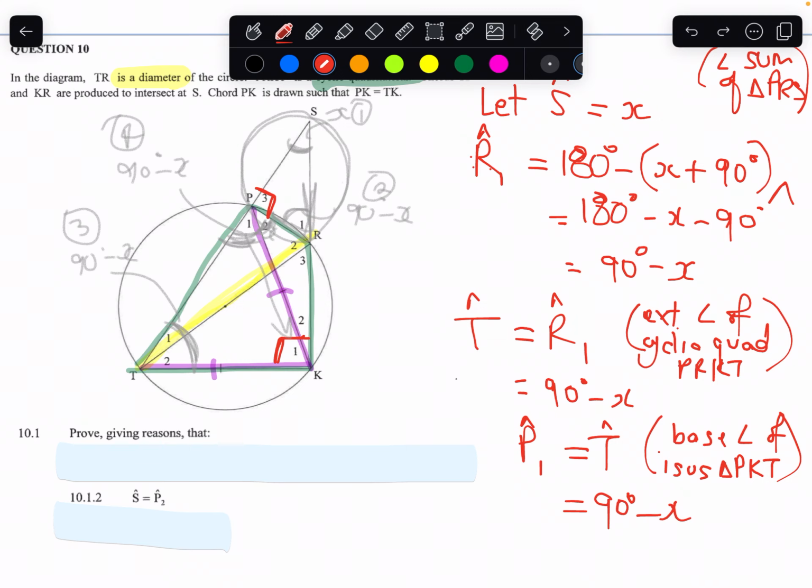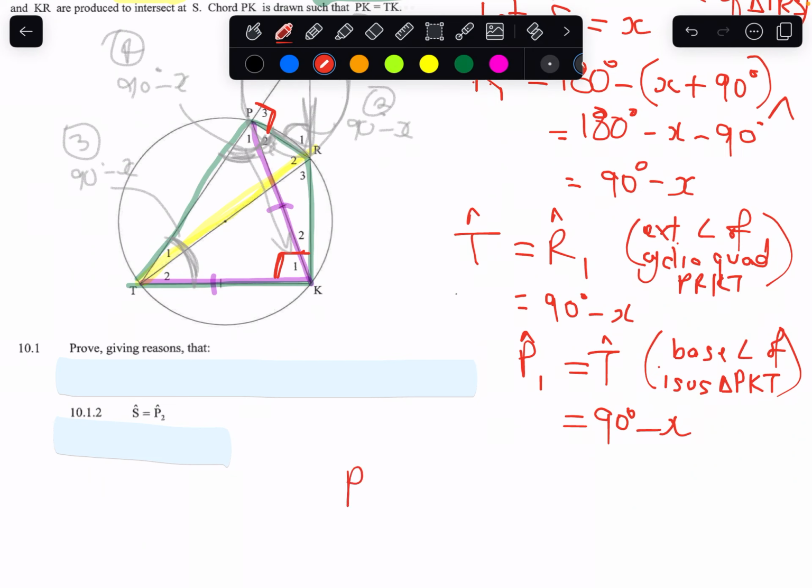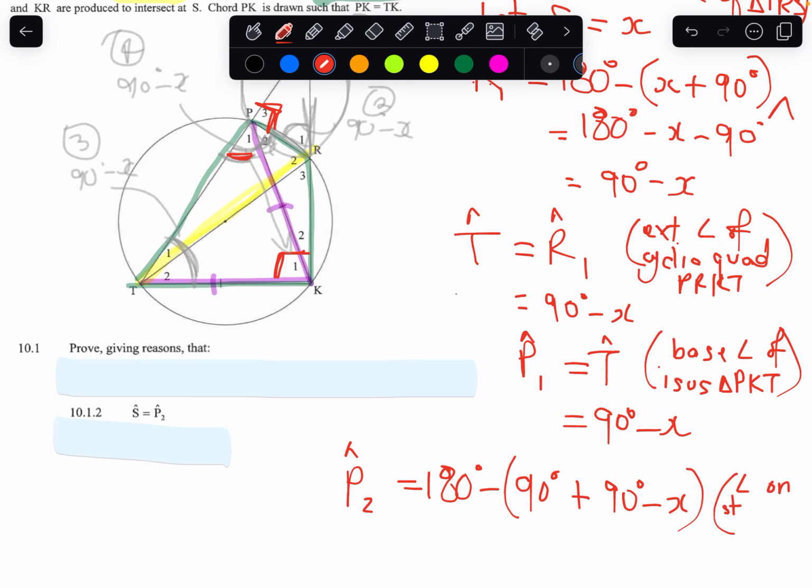So we will know that angle P2 is equal to 180 degrees minus 90 degrees, so that guy over there, and this guy, 90 minus x, and that is because of angles on a straight line, and the straight line is TPS.